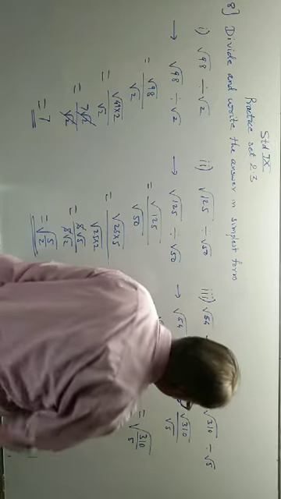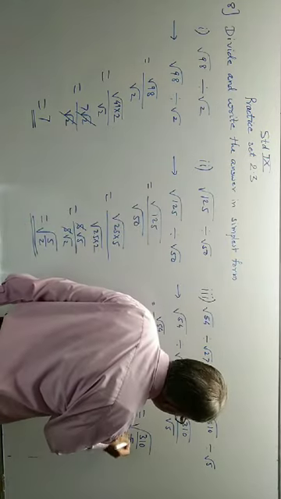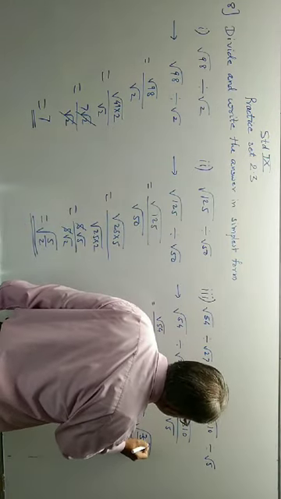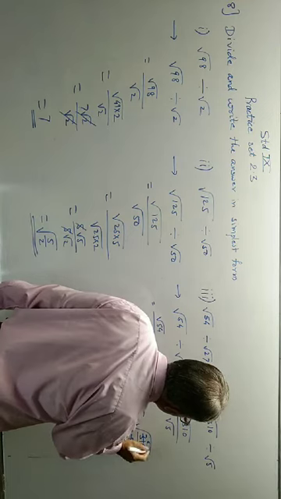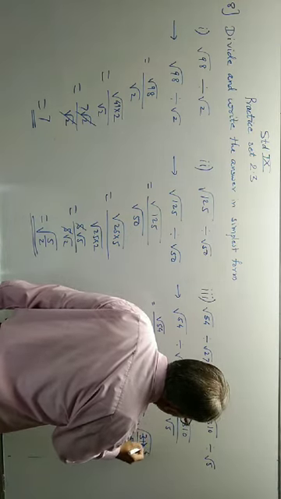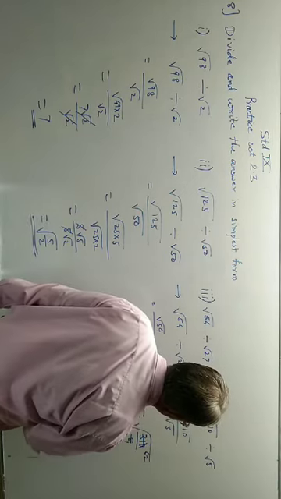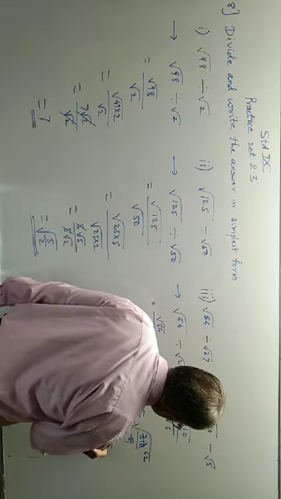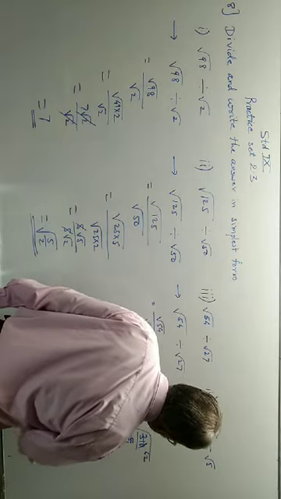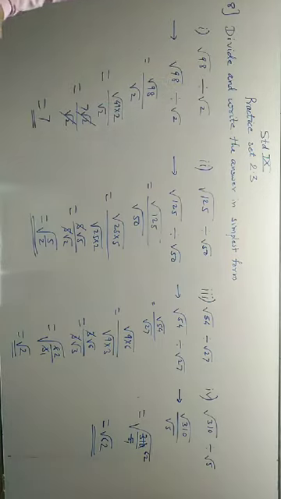Now the numerator and denominator are divisible by 5, so cancel: 5 sixes are 30, 1 remains, 5 twos are 10. This 310 upon 5 is 62. So the answer is root 62. 62 has factors 31 into 2, so it cannot be simplified further. Root 62 is the answer.